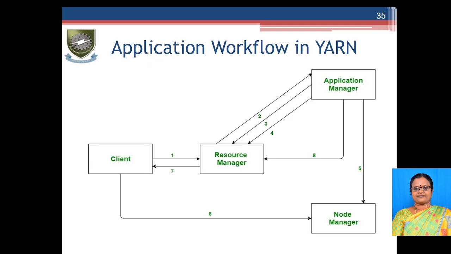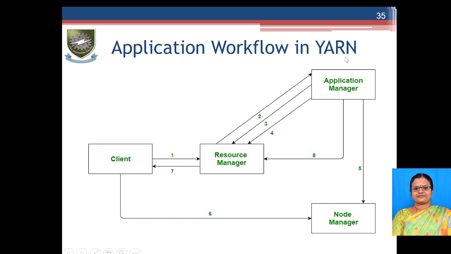So if you see the workflow available in YARN, I have this resource manager with the application manager, and I have this slave called node manager. Whenever a client sends an instruction, it is given to the resource manager. The resource manager forwards that information to the application manager. The application manager, after seeing the information, considers the number of containers required, and sends that information to the resource manager in steps 3 and 4.